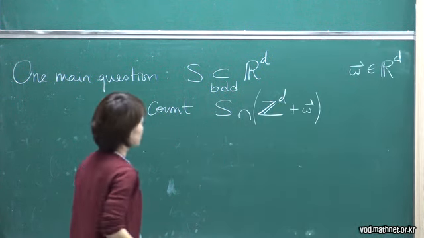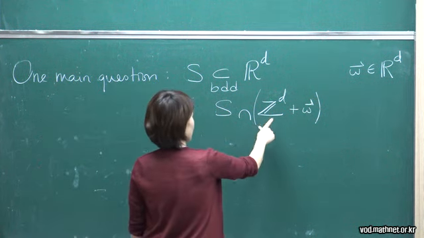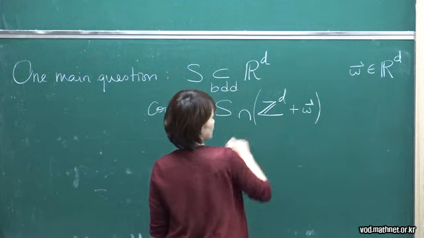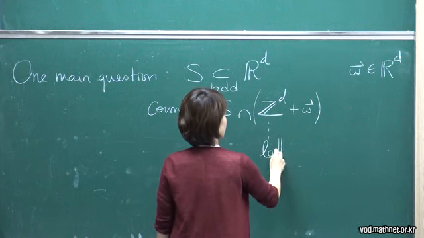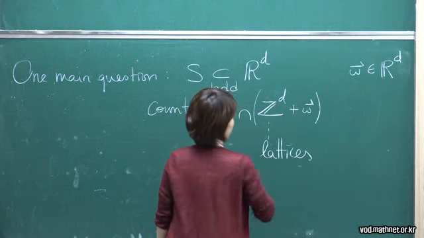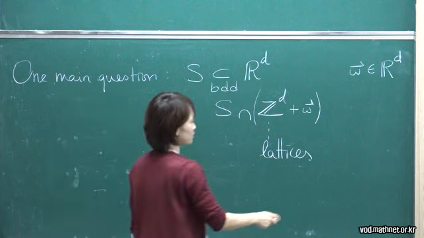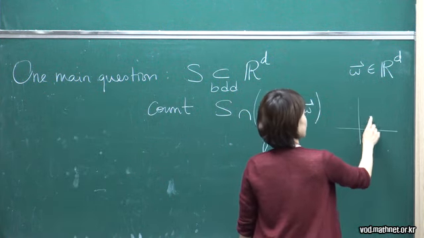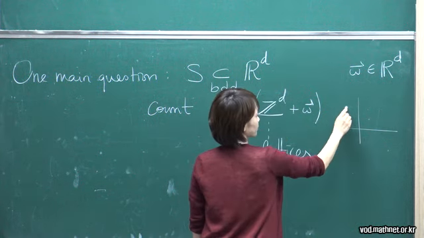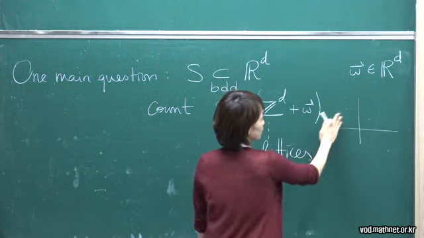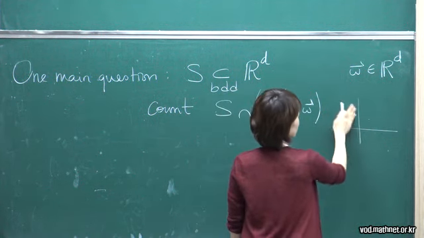One can generalize these questions: instead of Z^D, which we call the standard lattice, we can generalize to a lattice. For example, the picture would be, instead of integral points in R^2, maybe we have some skewed points.